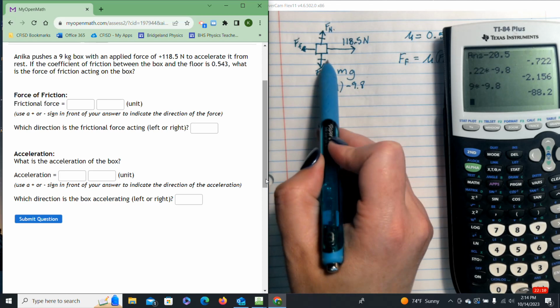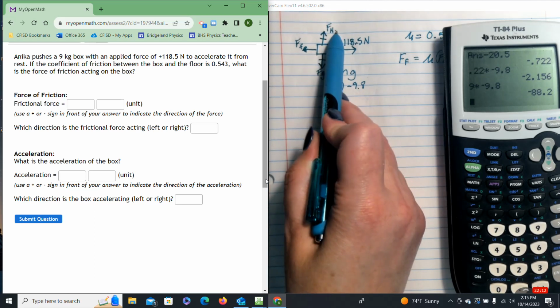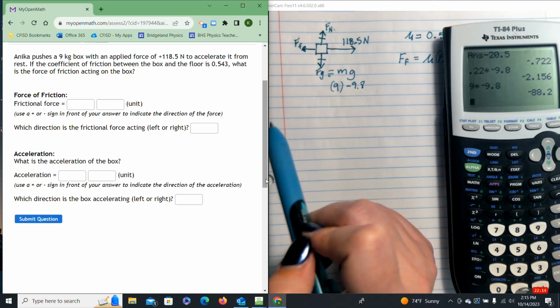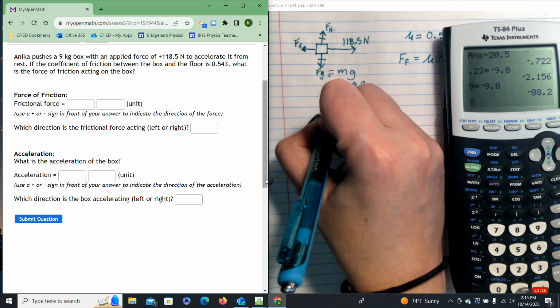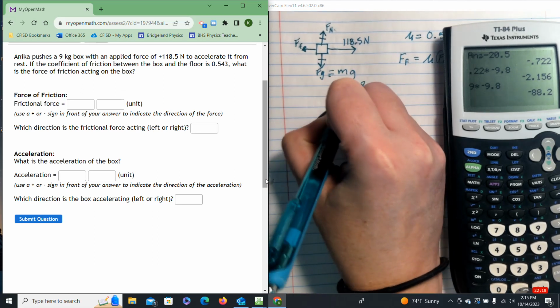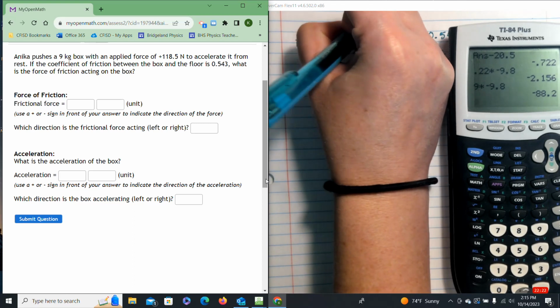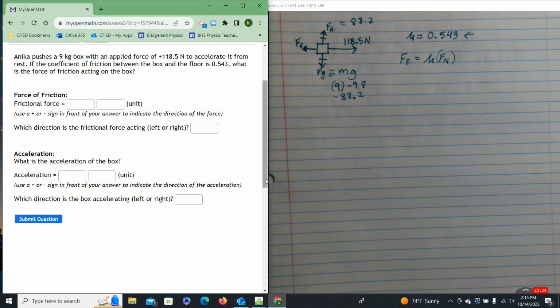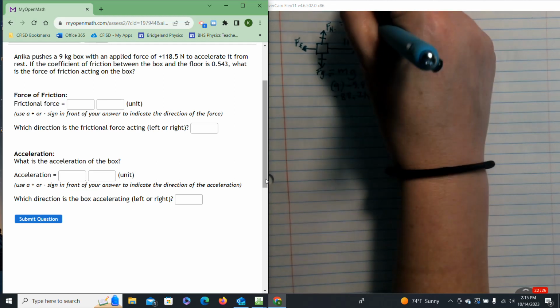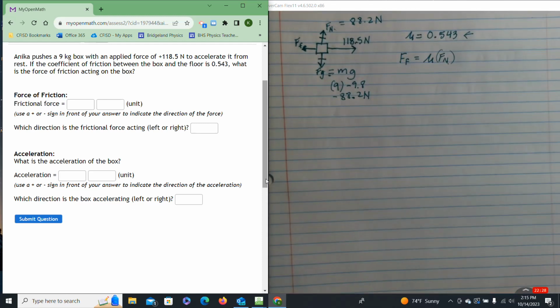Again, it's negative because this is a downward force, but I really want this one. This one is positive 88.2. So I have negative 88.2, and I have positive 88.2. Equal and opposite, so that those two were balanced because, again, my acceleration was only happening horizontally.